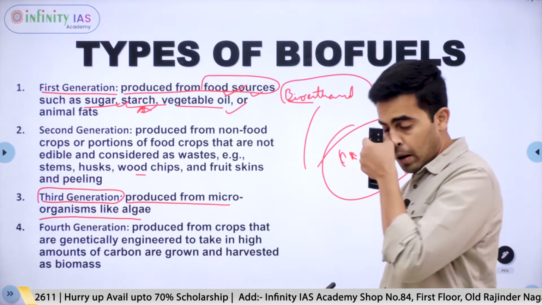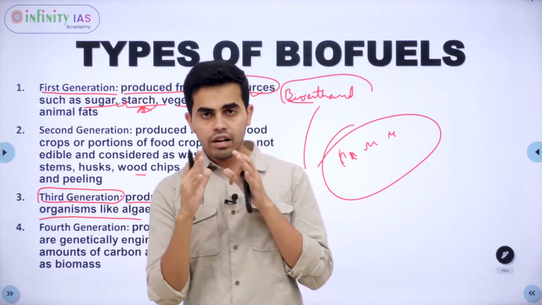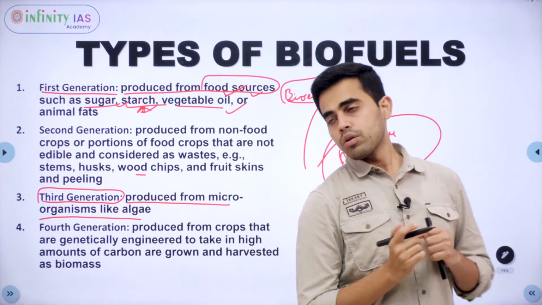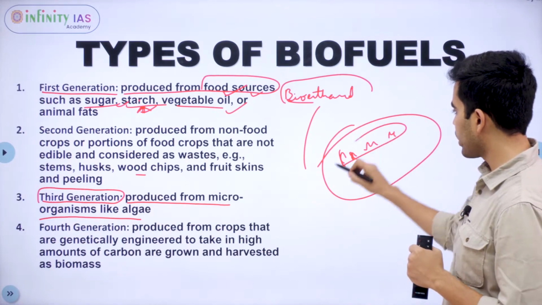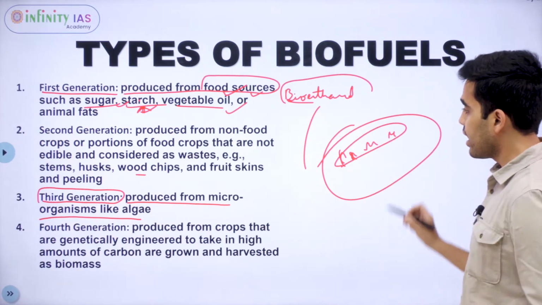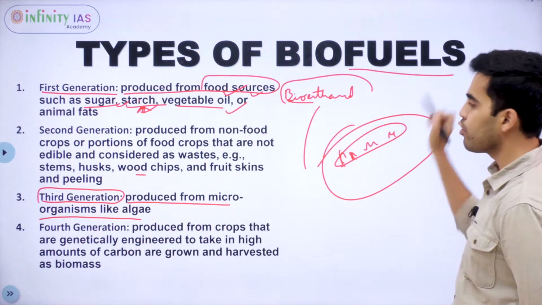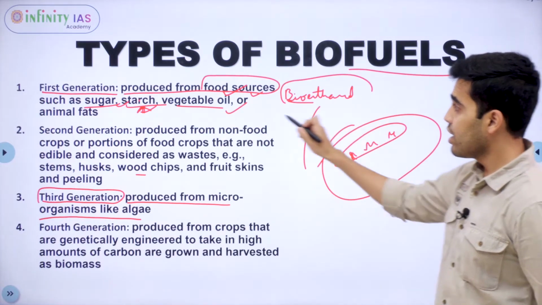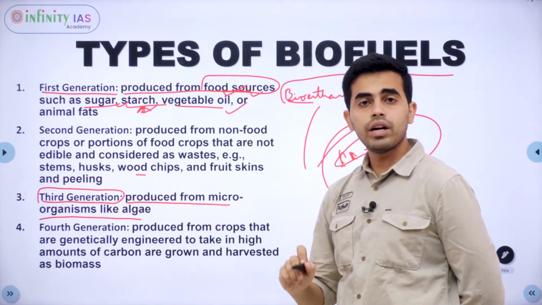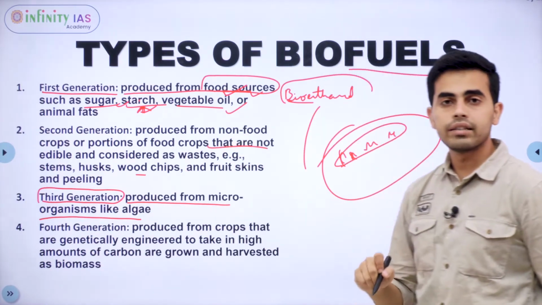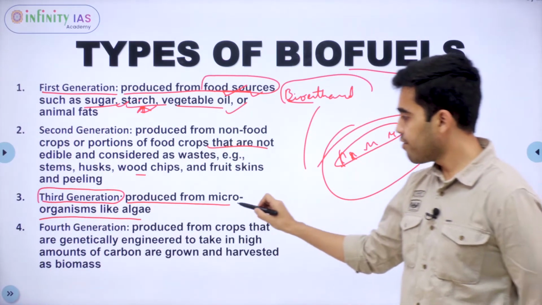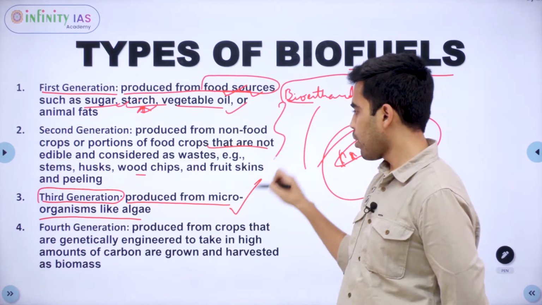Algae are unicellular or microcellular plants. So these are also organic matter and can be used to produce biofuels. In this way, there is no conflict with food security or land availability. So we have solved these two problems.